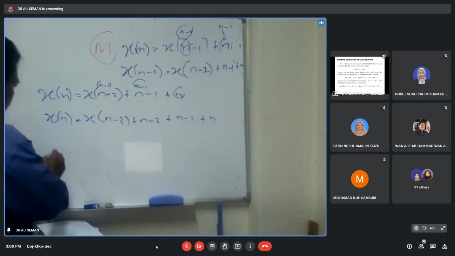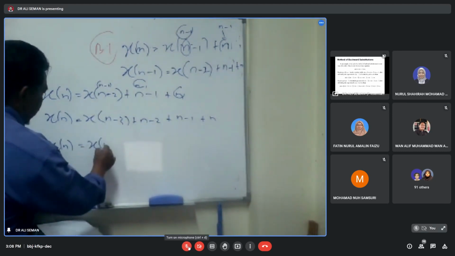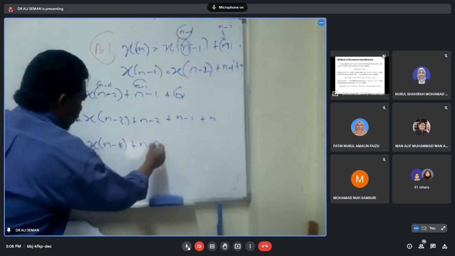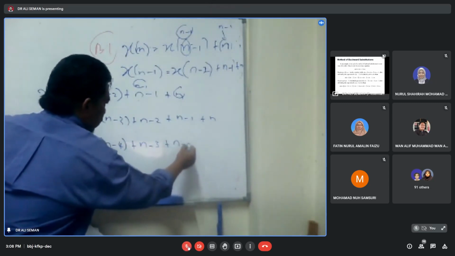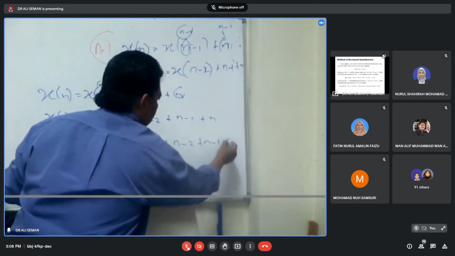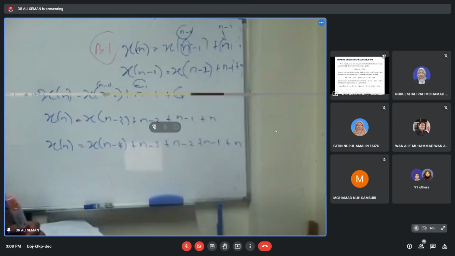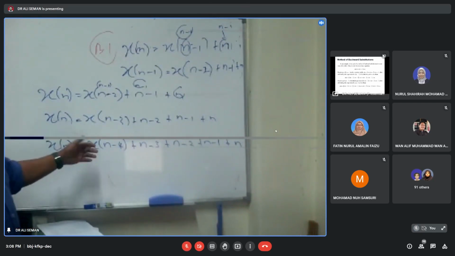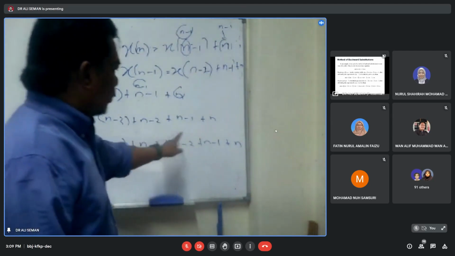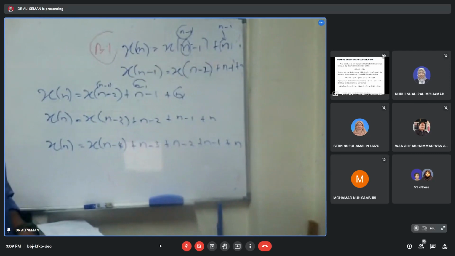Yes. If we increase again, this becomes x of n minus 4 plus n minus 3 plus n minus 2 plus n minus 1 plus n. This is a recurrence solved by the back substitution method. So this is a back substitution: n minus 1, n minus 2, n minus 3, until the n plus n. Okay? Clear?